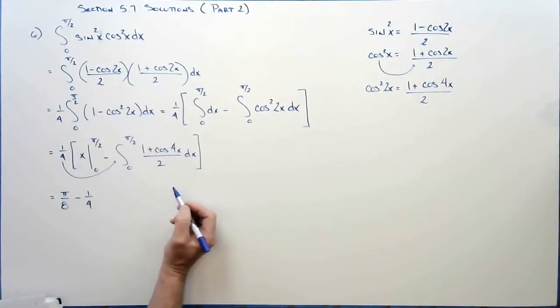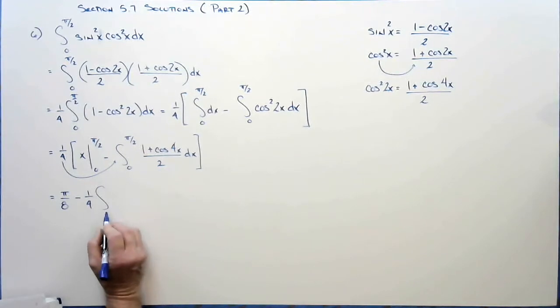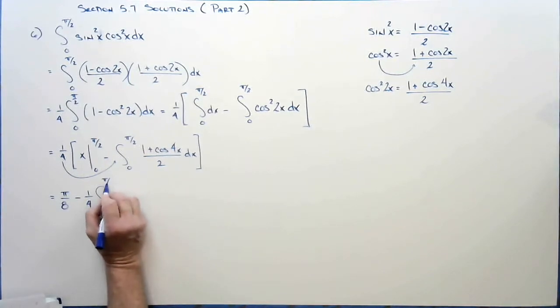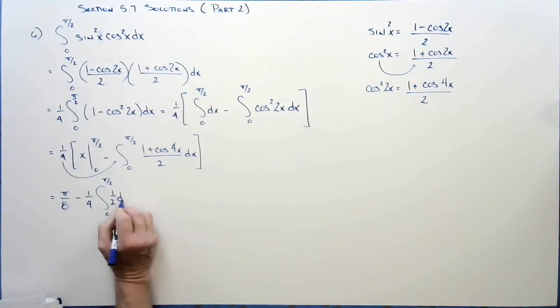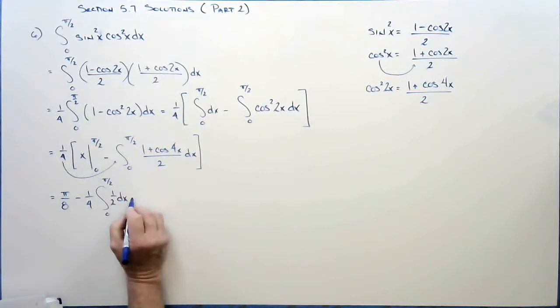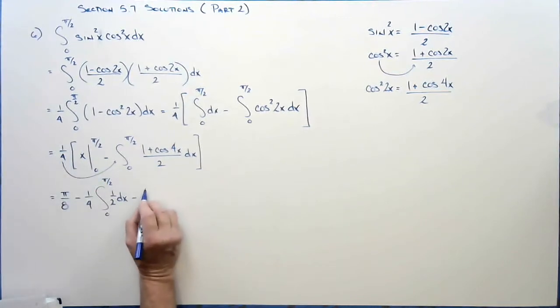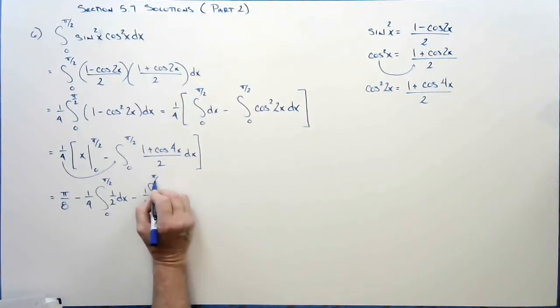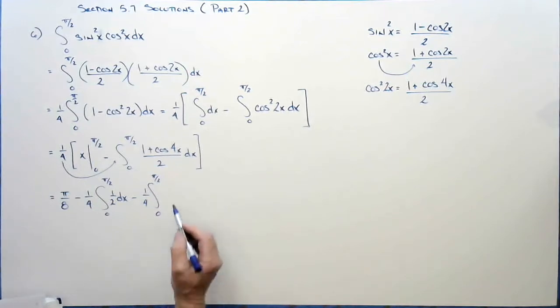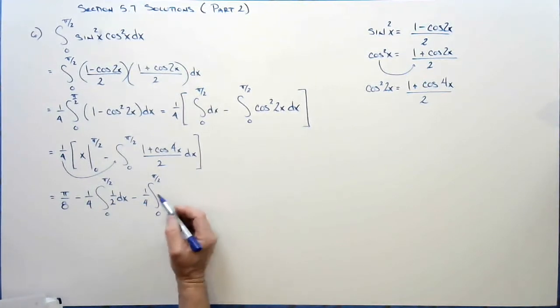We're going to break this up into two integrals using our common denominator. So we would have the integral from 0 to pi over 2, 1/2 dx minus, that's this negative times this positive. Don't forget your 1/4. 1/4 the integral from 0 to pi over 2 of cosine 4x over 2.